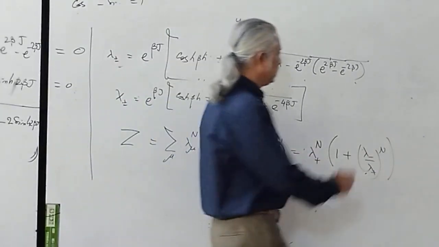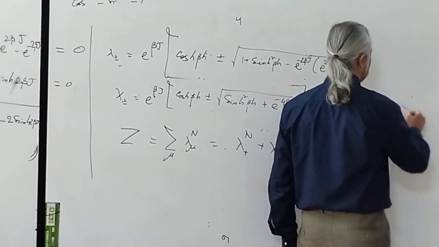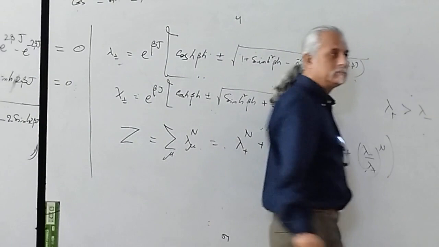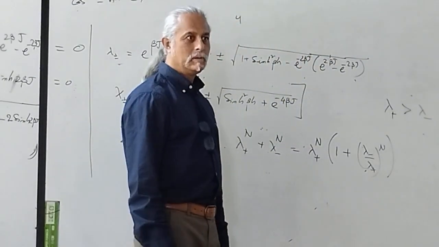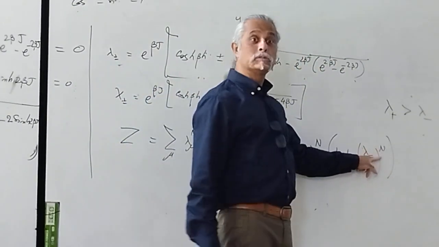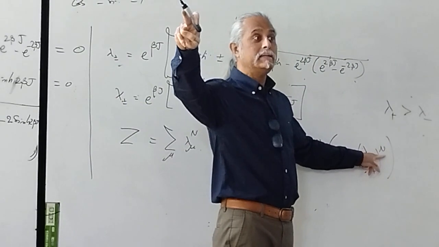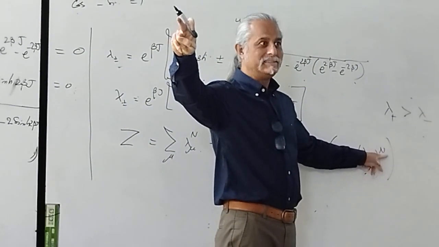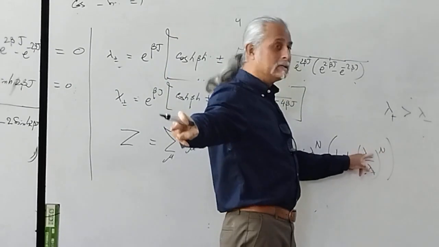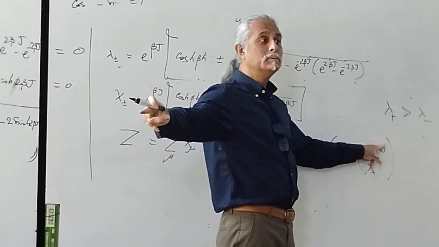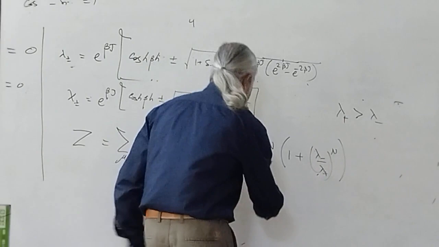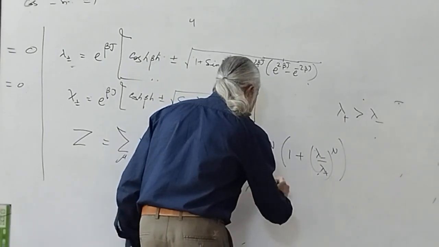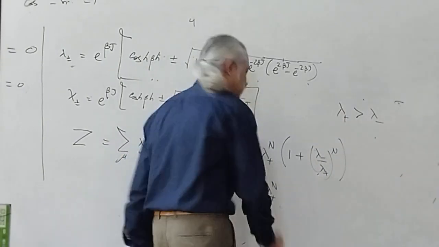In fact, lambda plus is always greater than lambda minus. আর তা যদি হয় n তো in the thermodynamic limit n is almost infinite, তাহলে something less than 1 তার infinity equal to 0, that's why approximately equal lambda plus to the power n is my partition function.